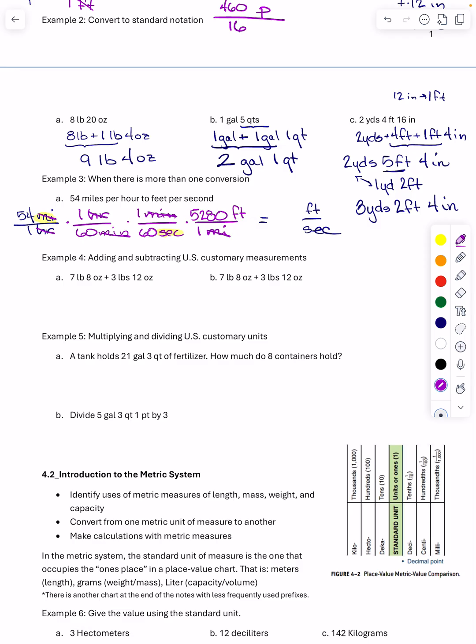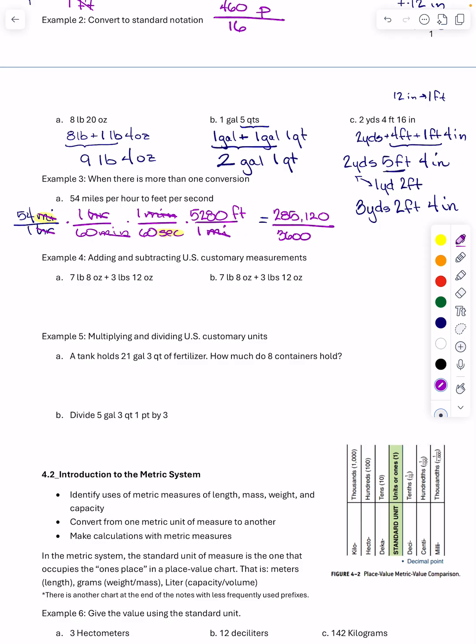Okay. Now I'm going to multiply everything I have in the numerator. So 54 times 1 times 1 times 5,280. I'm going to move my unit here. I get 285,120 over 1 times 60, which is 3,600.